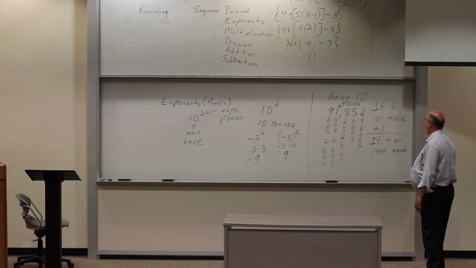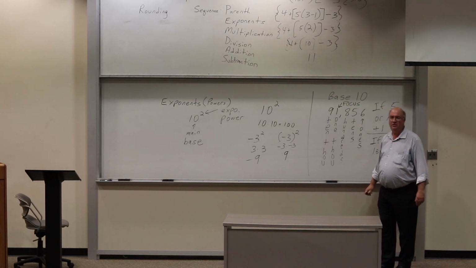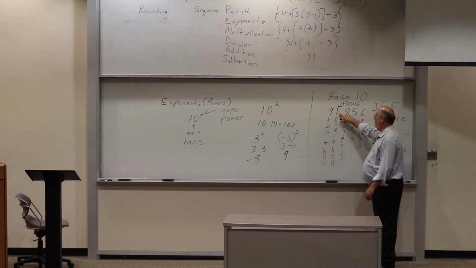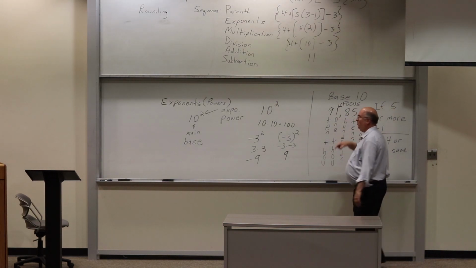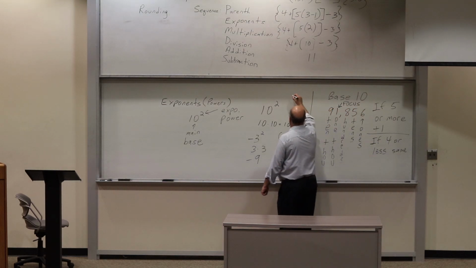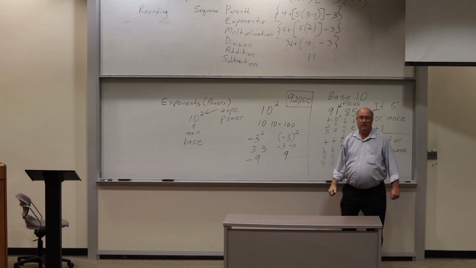Okay, so our focus number is 1. We look to the right, it's an 8. 8's obviously bigger than 5. 5 or more bounces our focus number up by 1. So our 91,856 now becomes 92,000. Put it over here. And that's our number rounded.